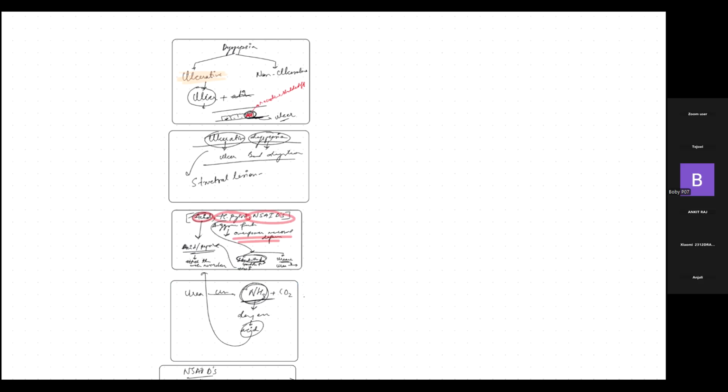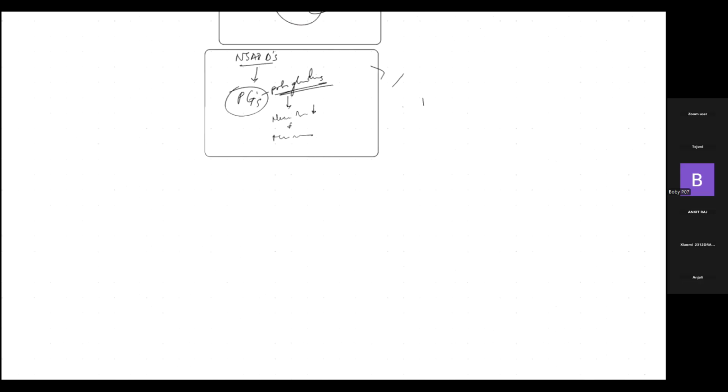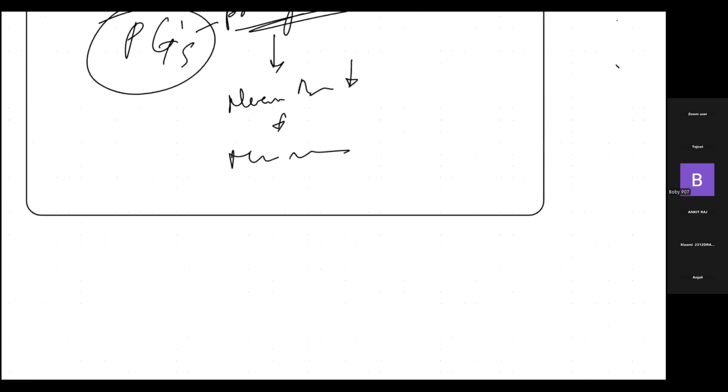Ultimately, they are harming the mucosal layer and the epithelial cells. And because of this harm, what is happening? The epithelial cells get shed off and create a space over there, and that is what we call an ulcer. So I hope it's clear what ulcerative dyspepsia is.